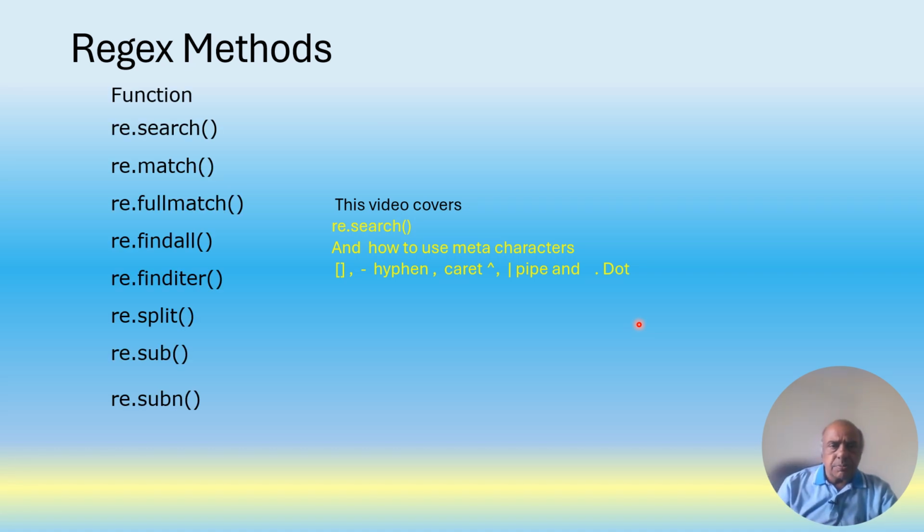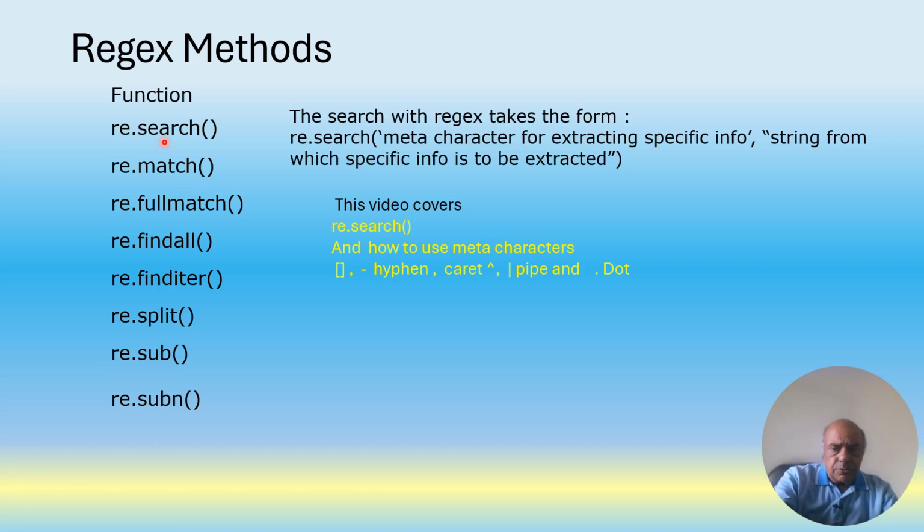These are a few other methods which are available for us in the RE module: re.match, fullmatch, findall, finditer, etc. In this video, we will be totally focusing on re.search, and all the other methods and a few more meta characters we will be covering in part 2 and part 3 of these videos.